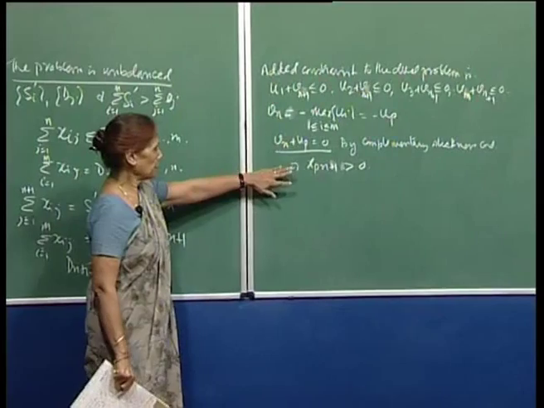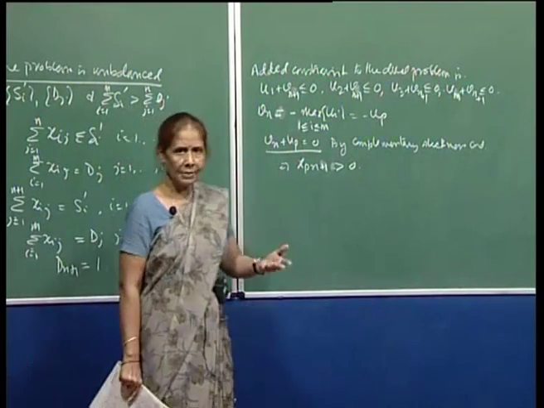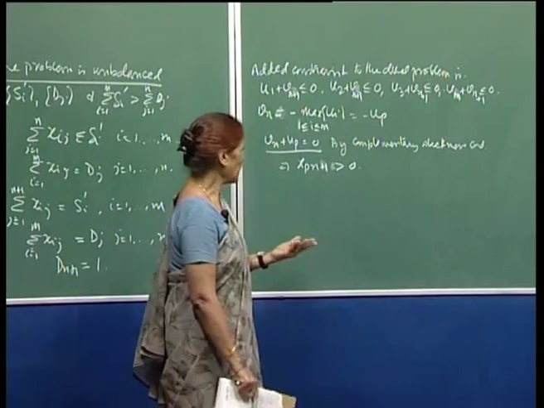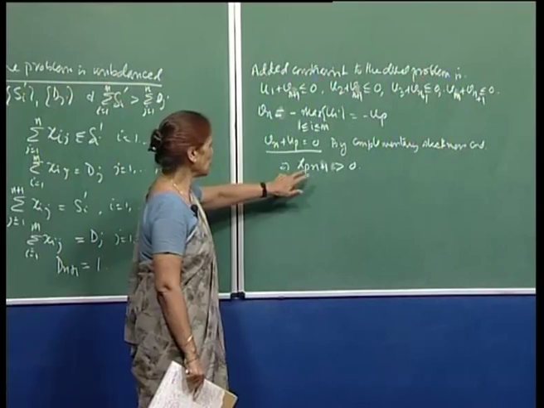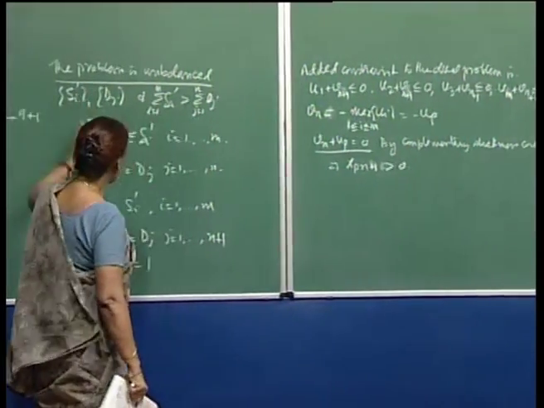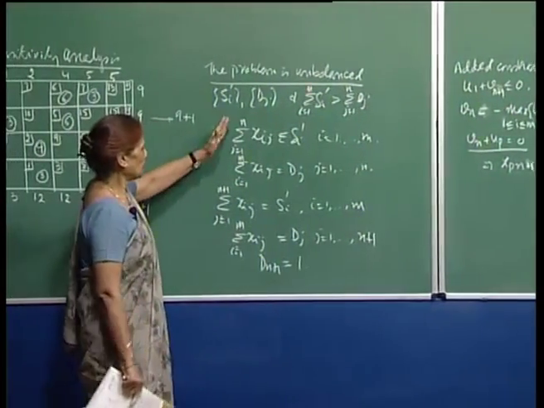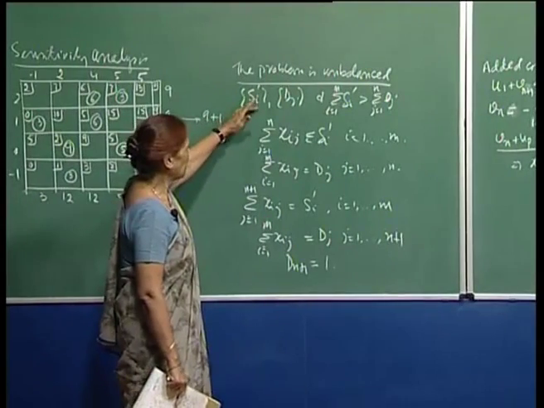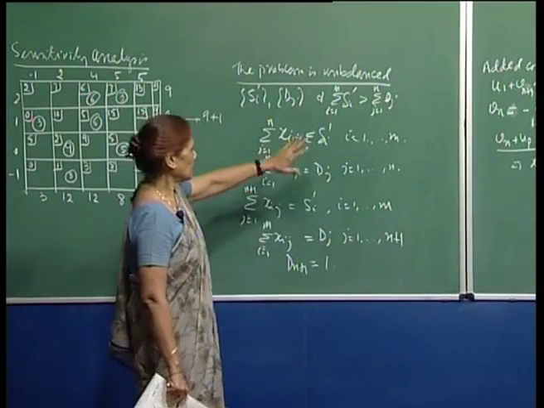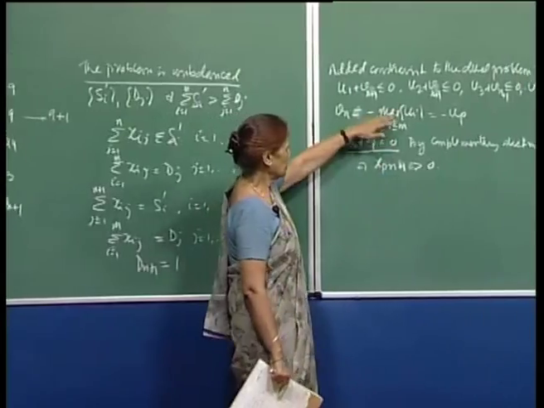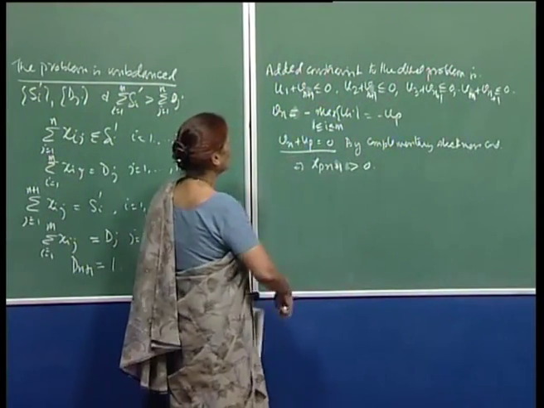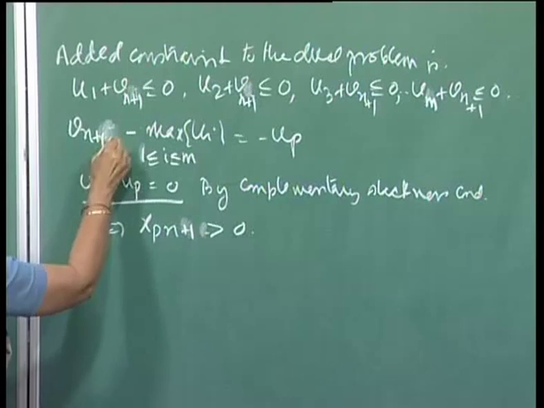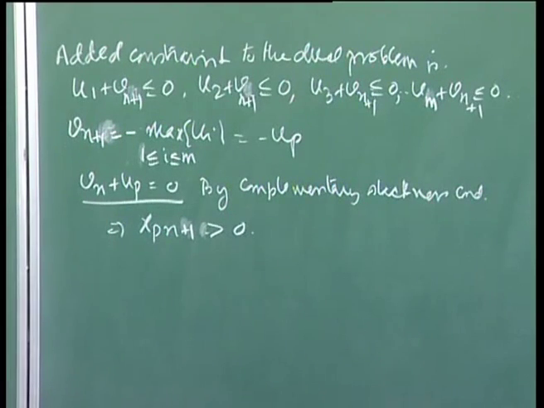So, if you have a feasible solution for the primal, and a feasible solution for the dual, and they satisfy complementary slackness conditions, then you know that that solution is optimal. So, here, for the expanded problem, when you have transformed the unbalanced problem to a balanced one, you have these extra dual constraints, and by choice of v n plus 1 equal to this, your new solution will satisfy them.